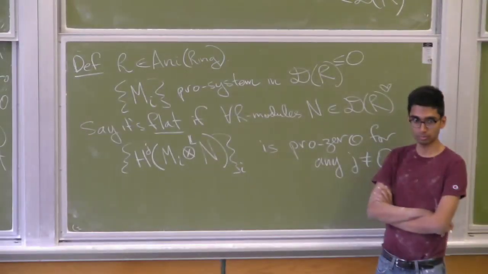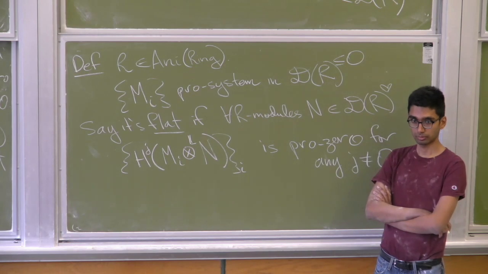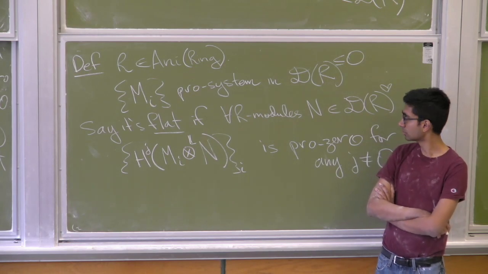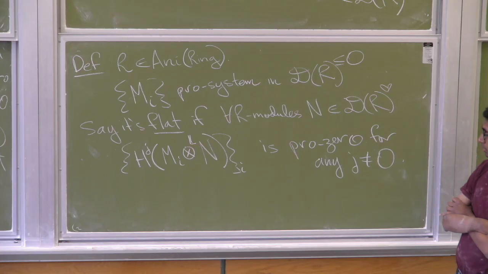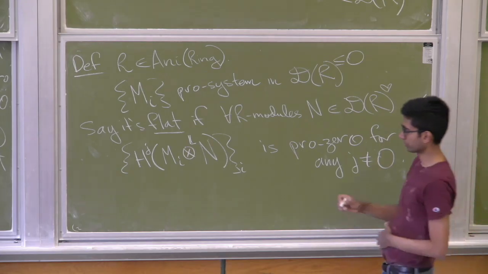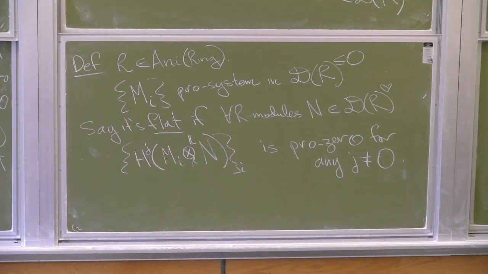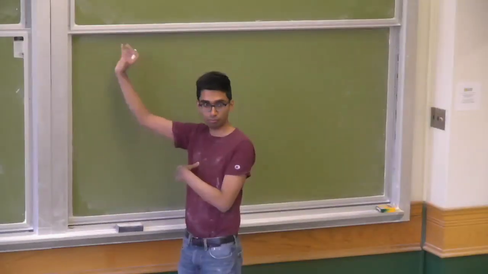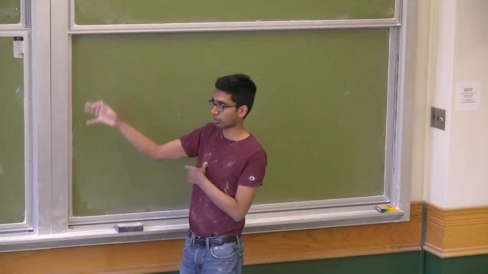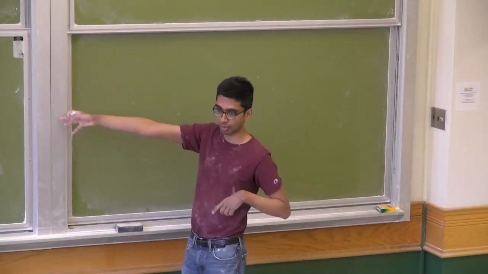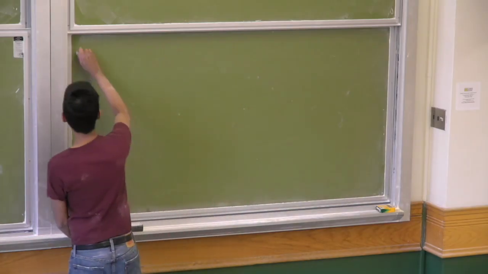And then instead of D of R, the heart of D of R is just the category of R-modules. So maybe I can make a couple of remarks about this definition, which is why I thought this definition would be more convenient. So, remarks.